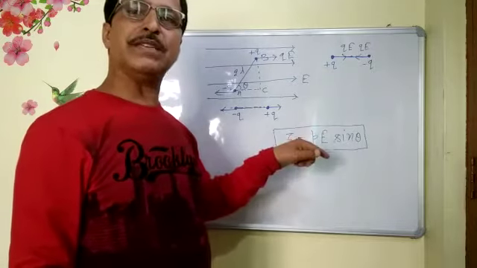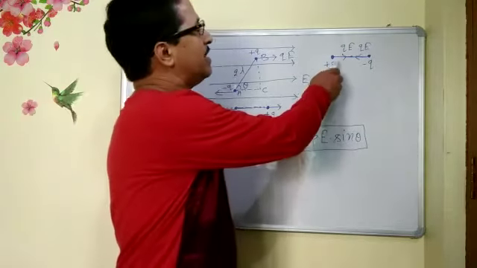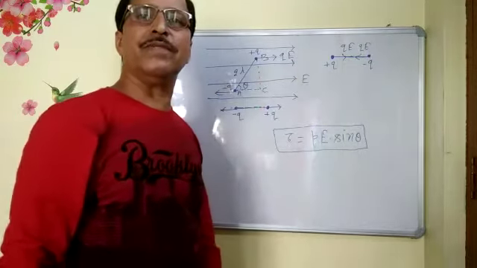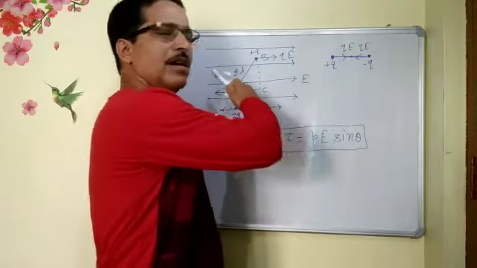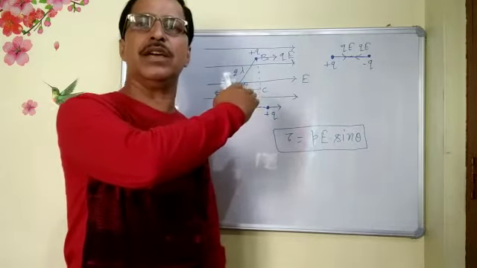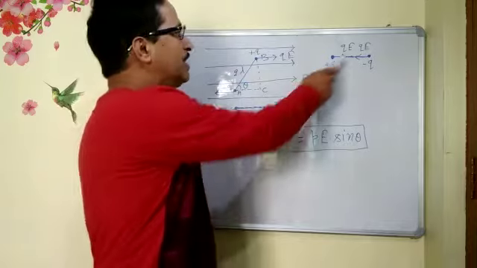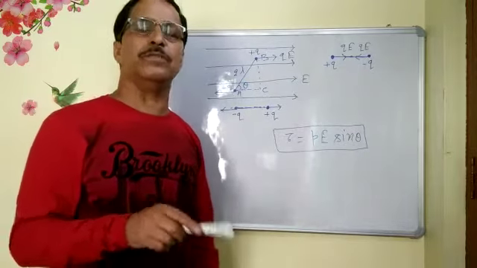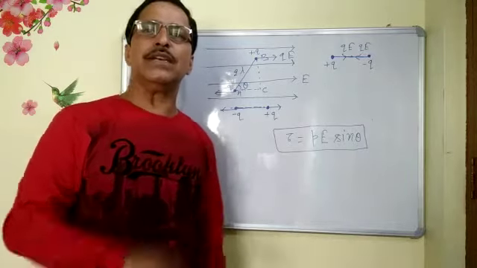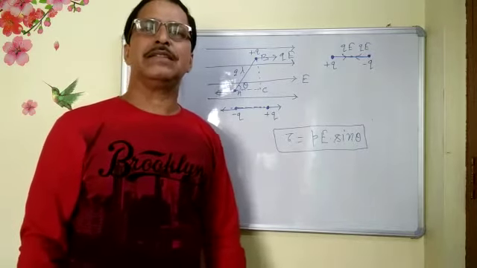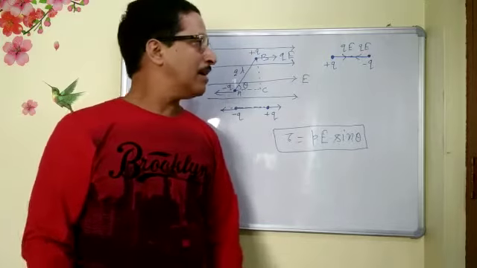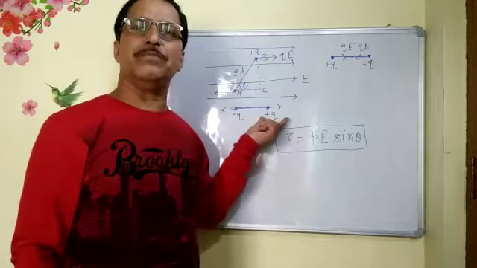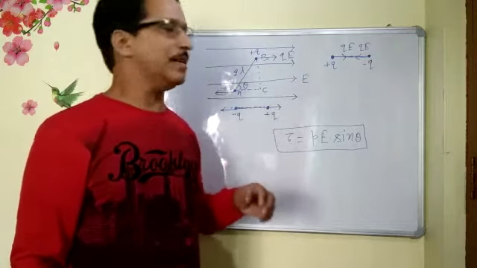So torque experienced will be 0 if the dipole lies in this state, that is negative charge in the direction of electric field and positive charge in the direction opposite to the electric field. In both these cases, the torque experienced by the dipole will be 0, and these two cases are called the states of equilibrium. We have two states of equilibrium for a given dipole in an electric field.